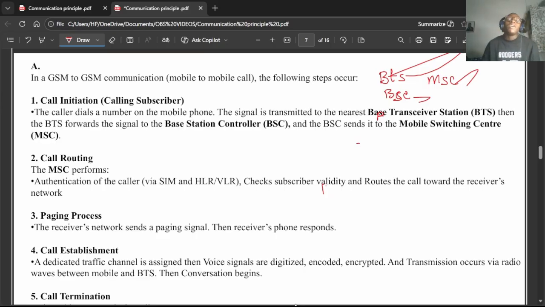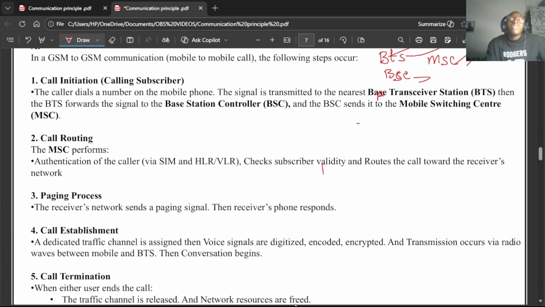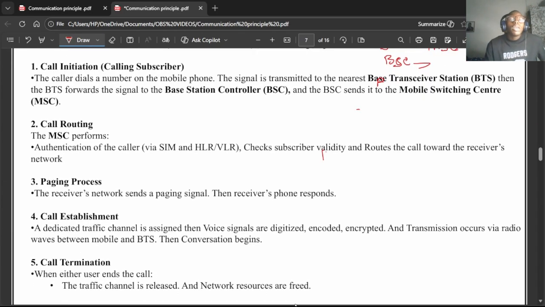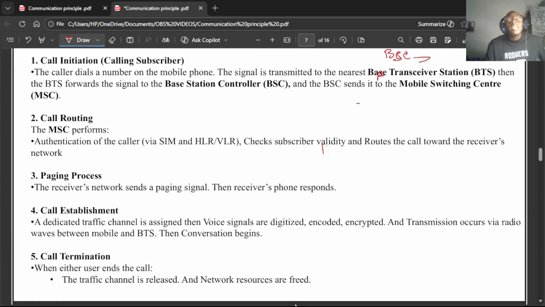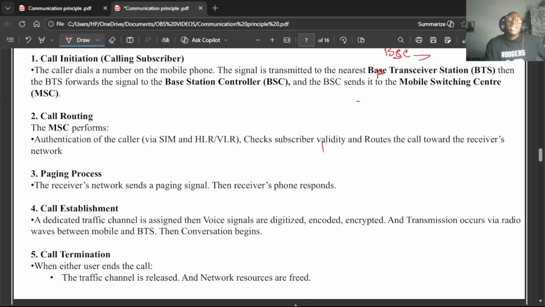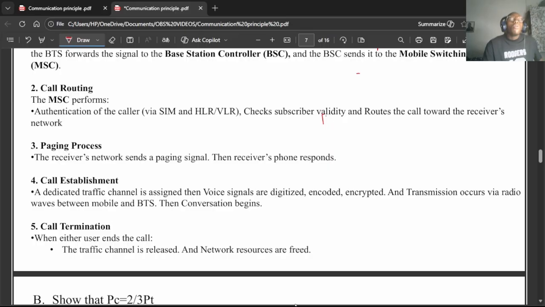These are the various steps involved in GSM to GSM communication, so do well to go through them. The first one is call initiation. The second is call routing. The third is the tagging process. The next is call establishment, and the last is call termination.